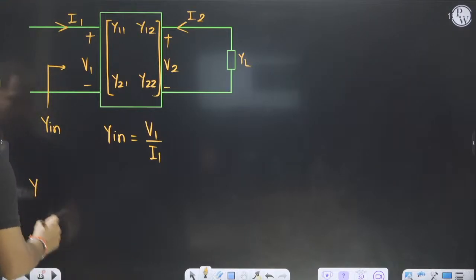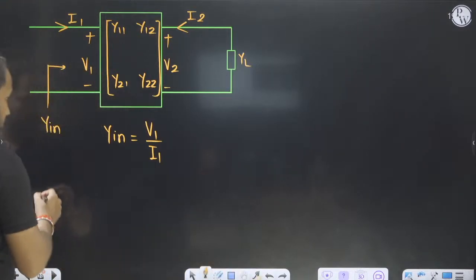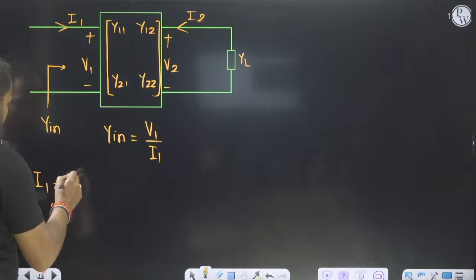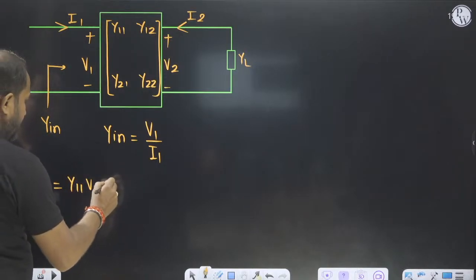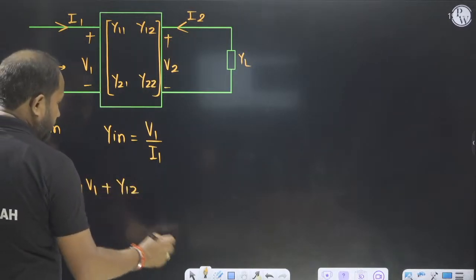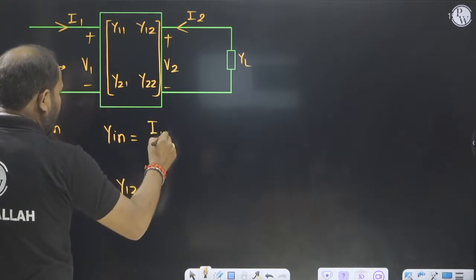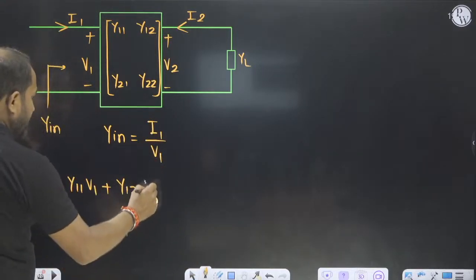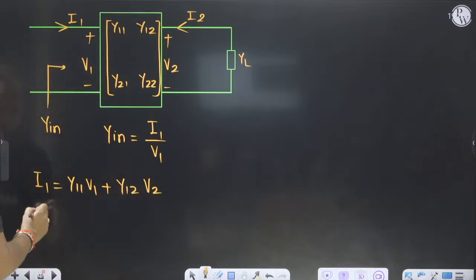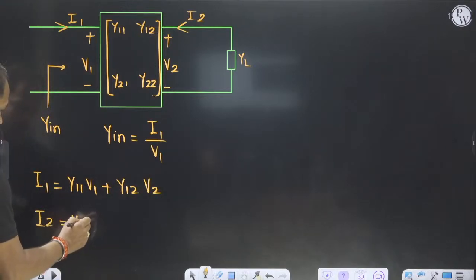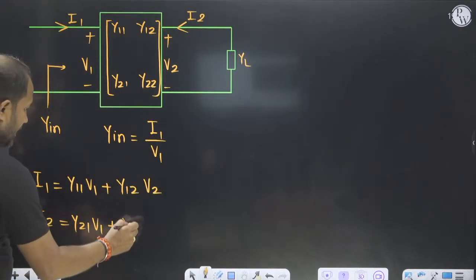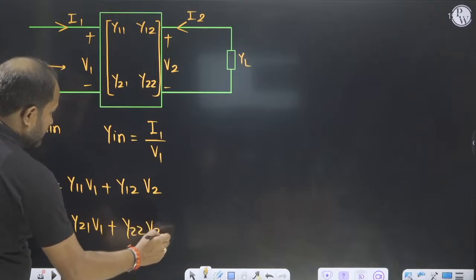First of all I1 will be equal to Y11 into V1 plus Y12 into V2, and I2 will be equal to Y21 V1 plus Y22 V2.